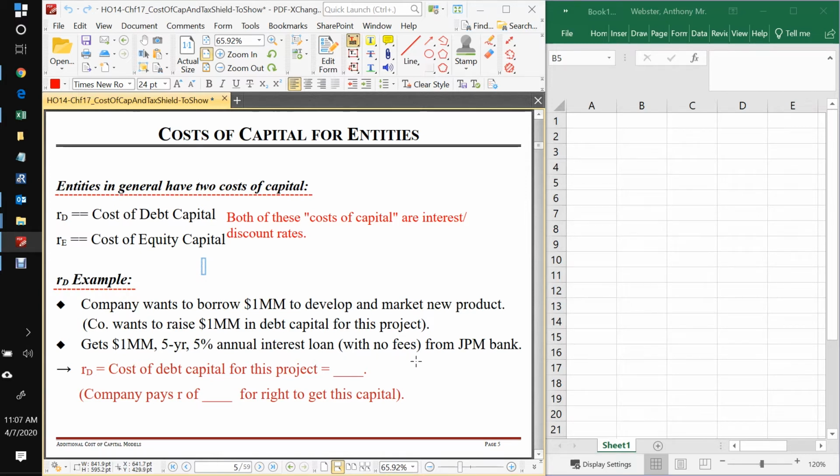And to keep things simple, let's say there are no fees associated with this loan. So in that case, we would say the cost of capital for this project, for them, for developing this new product, is 5%. And maybe even a better way to think of it is that the company needs to pay an interest rate R of 5% to get this capital, and that's going to be their R_D for this project.